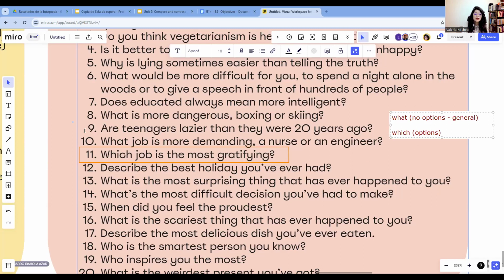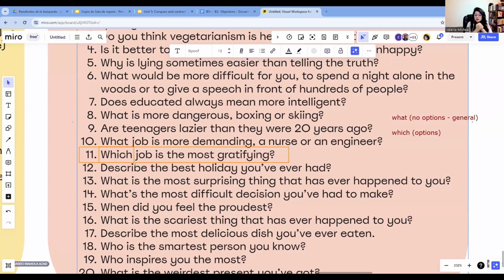So when I ask which job is the most gratifying, where are the options? Who knows? Because if I am using which, it's because I gave you options. If I didn't give you options, I wouldn't be using which.